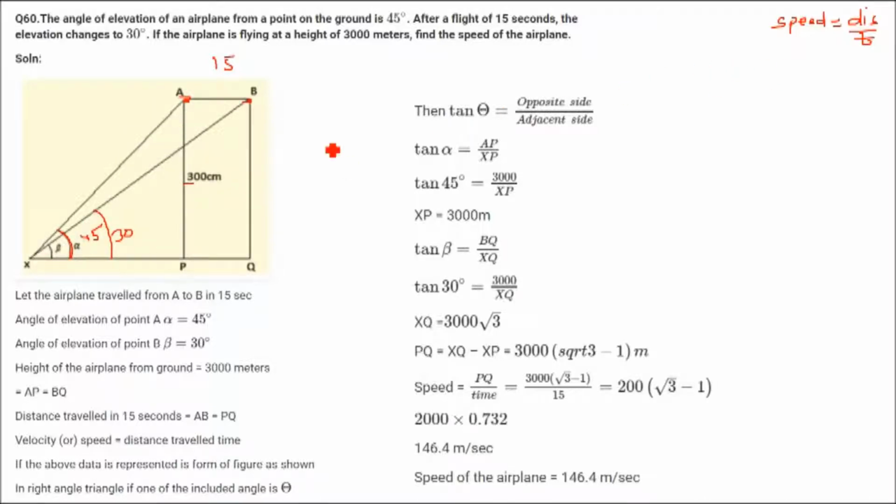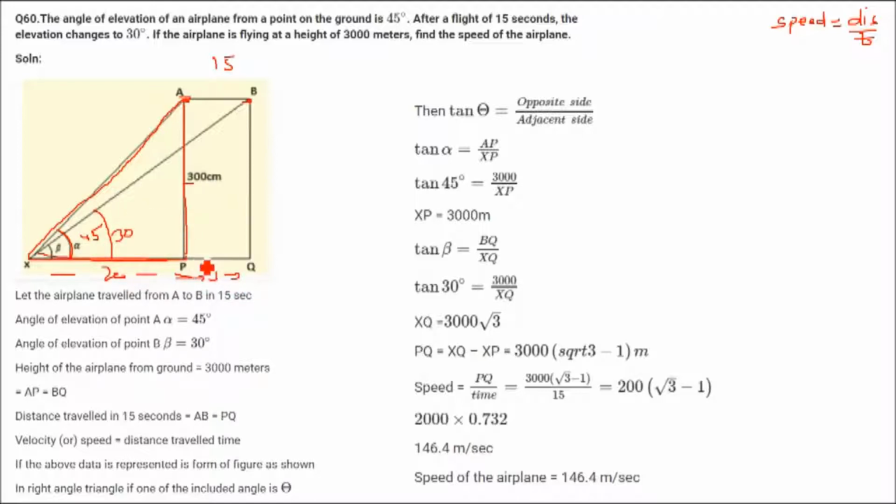So first we'll take this triangle which is 45 degree. That means this triangle. Now the thing is that let us assume this to be x from here to here. And this will be say y. I'll tell you how we are going to go along with this.